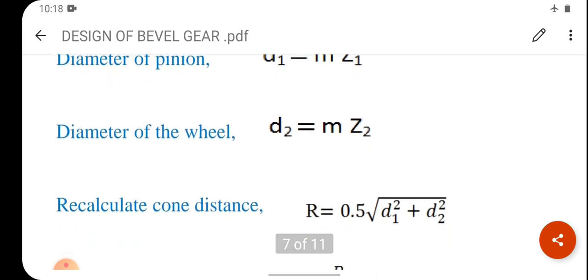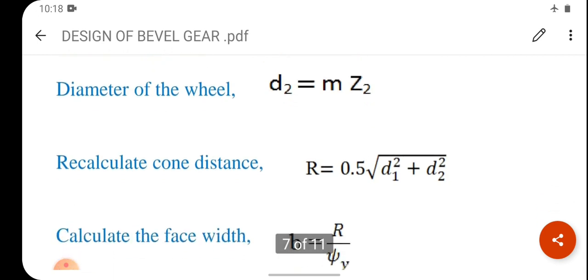Recalculate cone distance. Already calculated with the help of minimum cone distance R, with the help of above formula already discussed in the previous slides. But again, with the help of D1 and D2, cone distance can also be calculated. So R is given as 0.5 under root D1 square plus D2 square.